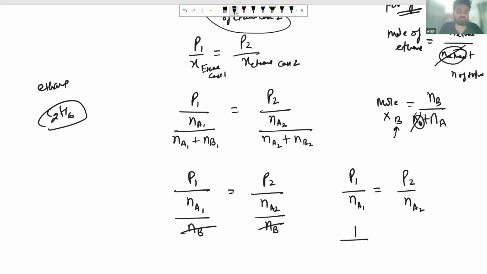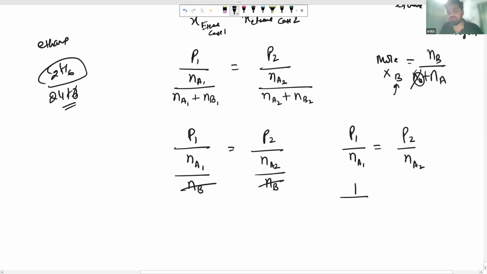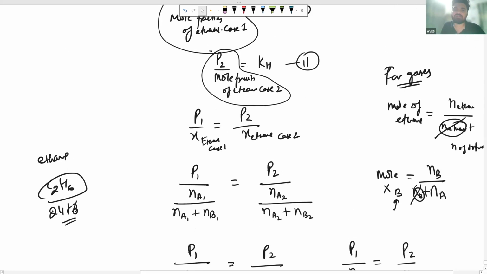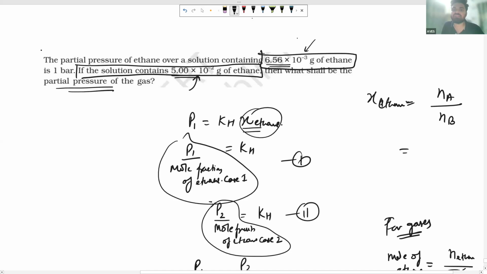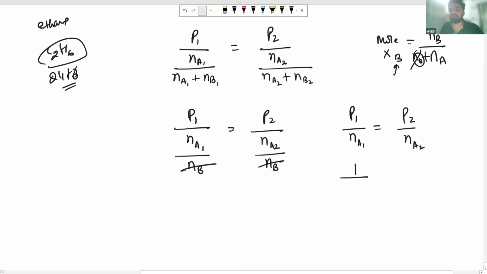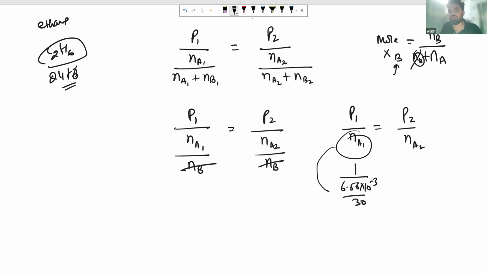It's 30. 24 plus 6 is 30. So you will write here 30. Number of moles formula is given mass upon molar mass. That is 6.56 into 10 to the power minus 3 upon 30. This is the number of moles of A in the first case.